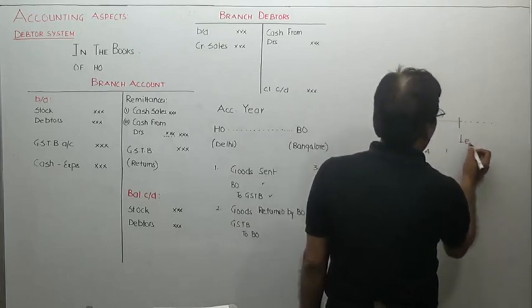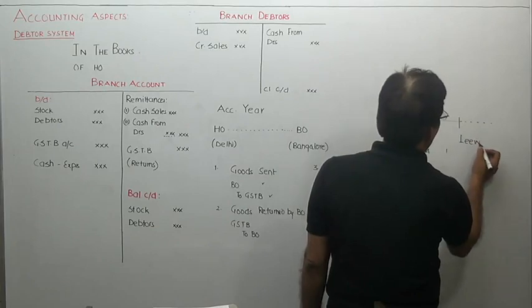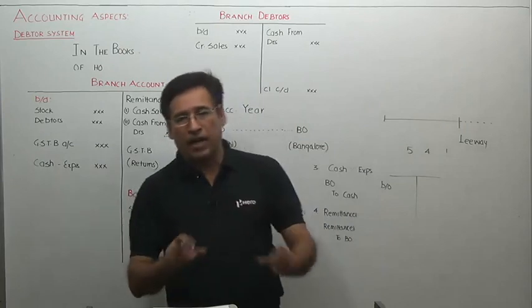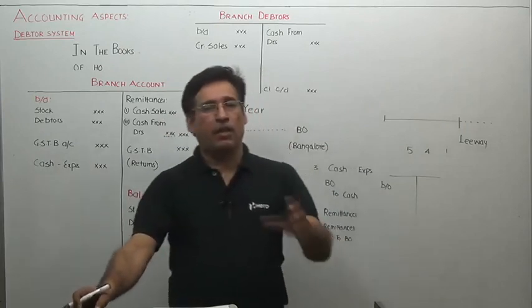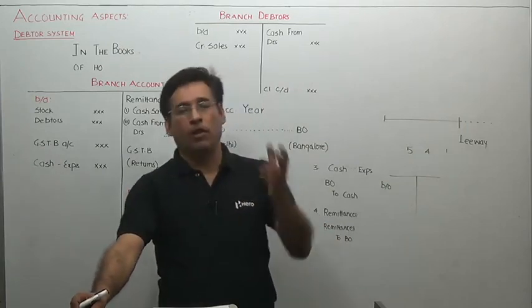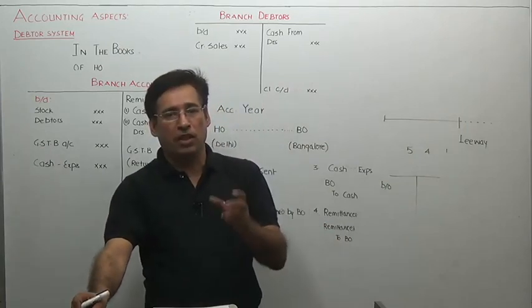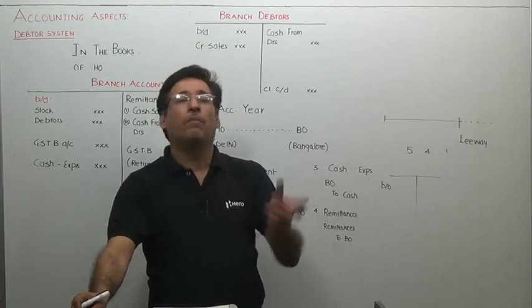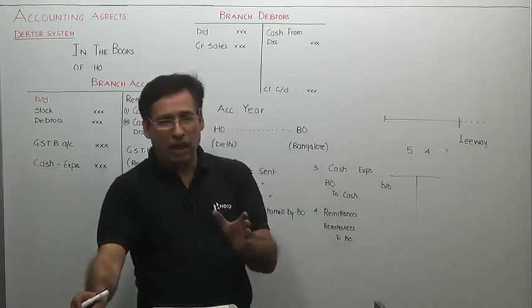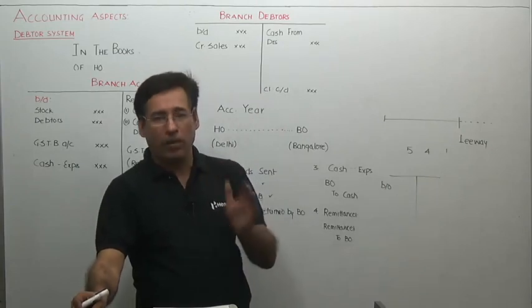Leeway means some freedom. L-E-E-W-A-Y. I am not backtracking from that statement, that entire authority, entire control and policy-making decisions rest with the head office. But in spite of that, the branch is given some leeway, some freedom, some liberty.